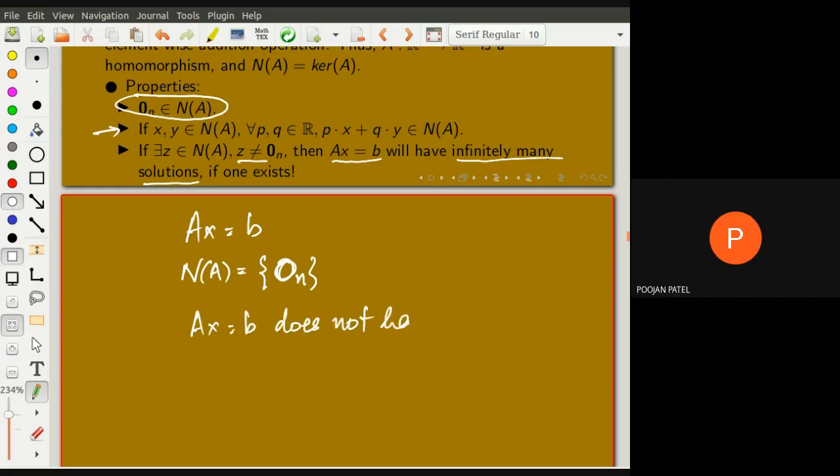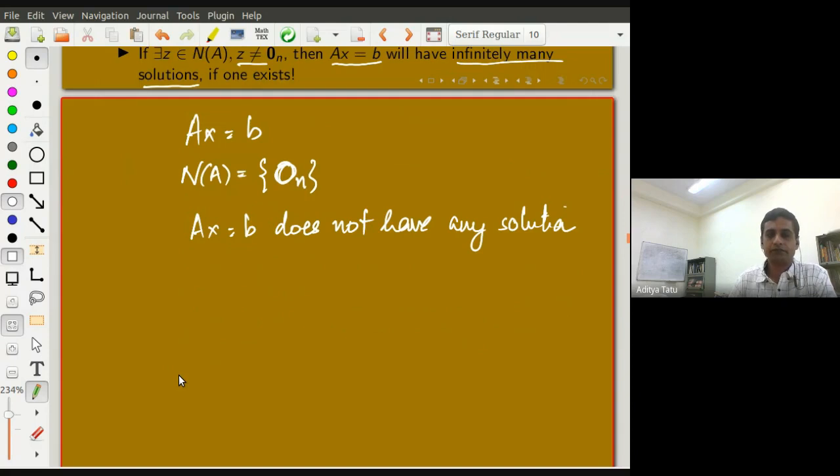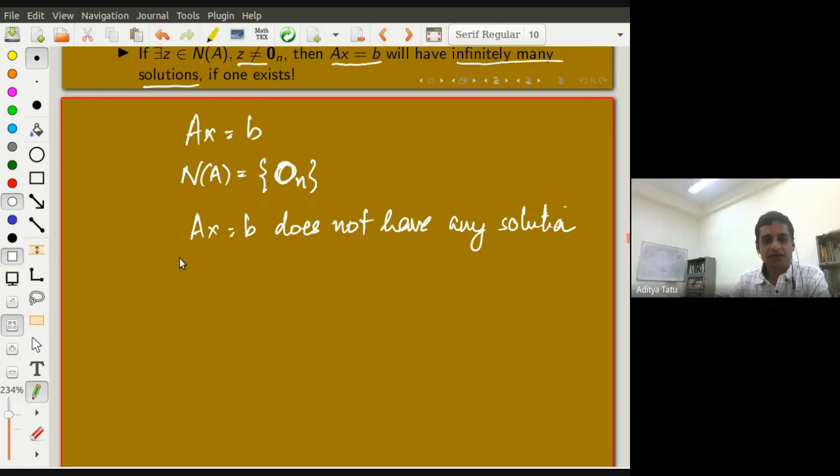So sir, when b is a non-zero vector, then what happens? But give me the matrix A. Sir, we can take the example of parallel lines. Yes, but can you now give me the matrices?